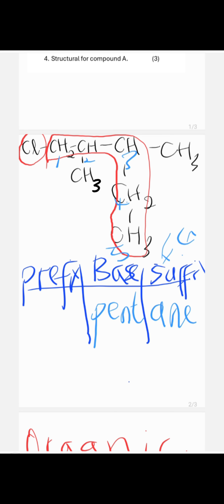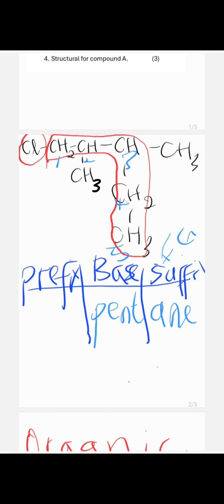All alkanes are in actual fact single bonds, definitely saturated. But immediately we start to talk about double bonds and triple bonds, those are what we say are unsaturated. We're going to talk about that later. It's part of organic chemistry. So we see that we're going to have pentane somewhere.